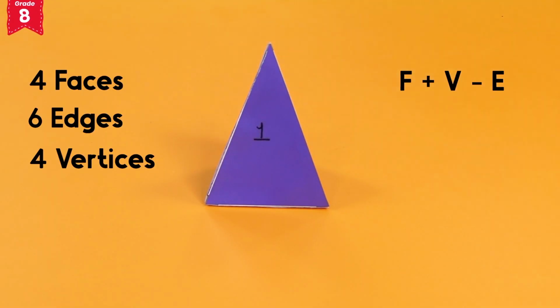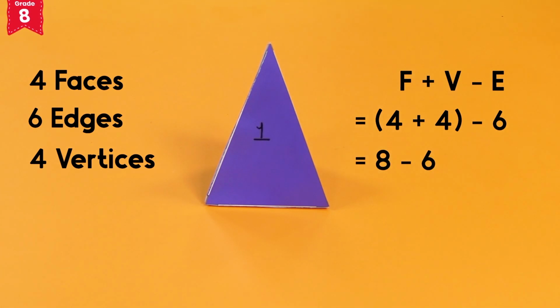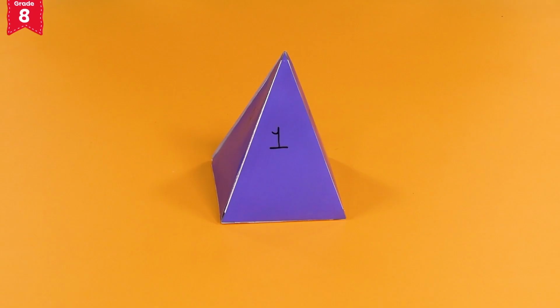Therefore, F plus V minus E is equal to 4 plus 4 minus 6, which is equal to 8 minus 6, that is 2. As the difference equals 2, the formula is true for triangular pyramid.